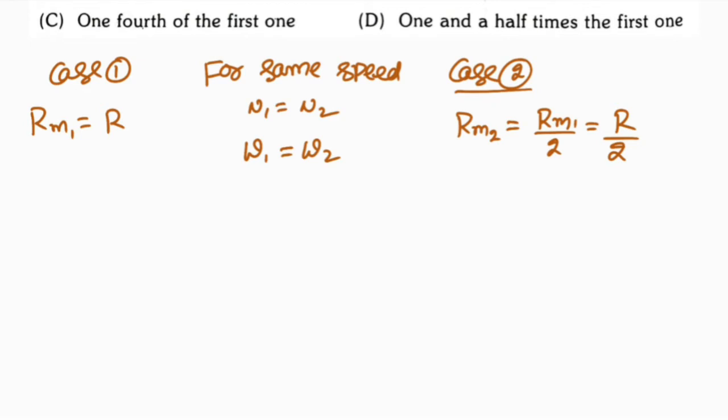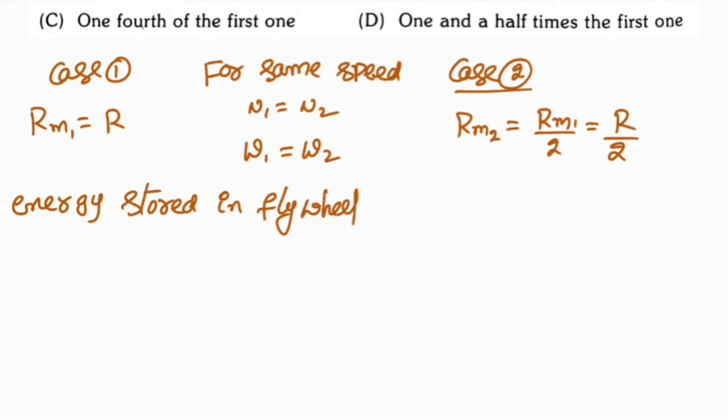Now let us find the energy stored. Energy stored in flywheel 1, let that be u1, equal to half into I into omega square.